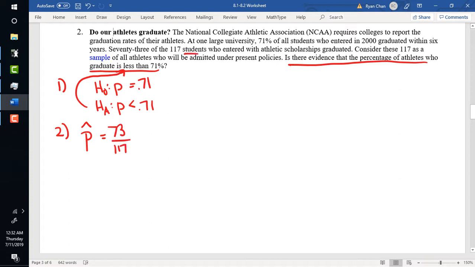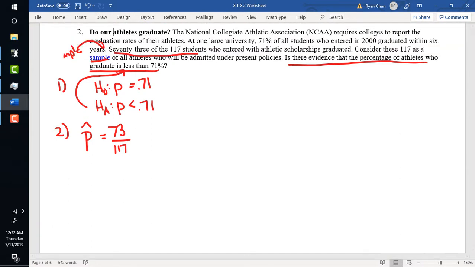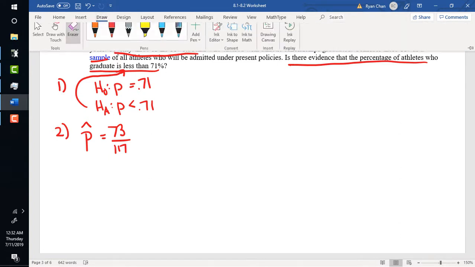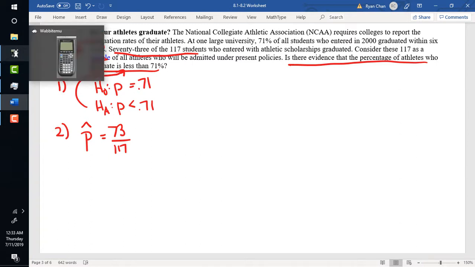Why? Because this right here, 73 out of 117, that's a sample, and they just said that right there. Let me erase that. So I'm going to put this in my calculator.